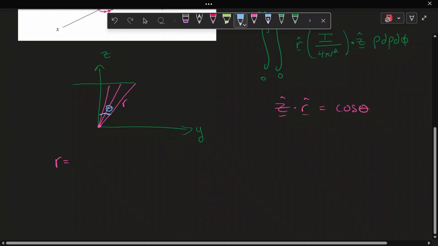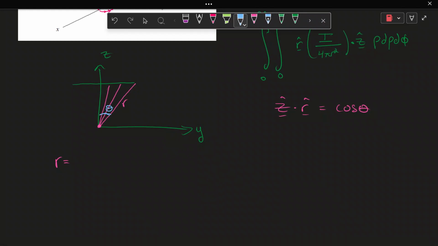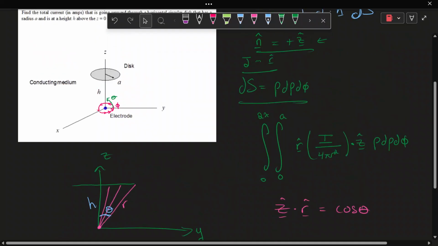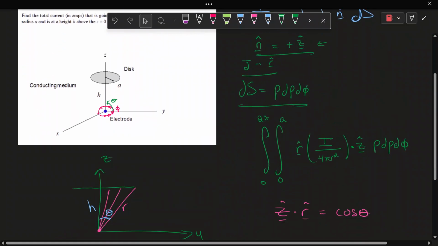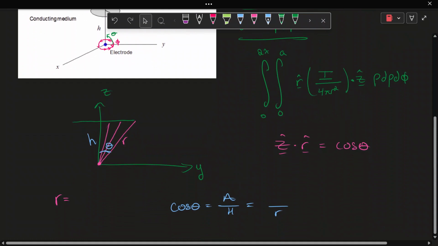What do we know about cosine theta, if that's true? Well, cosine theta is equal to the adjacent side over the hypotenuse side. The hypotenuse side is the radius r. The adjacent side, we don't know that. Or do we? The adjacent side is going to be the height, the z distance from the origin, or the point, I guess, this electrode, to the disk.